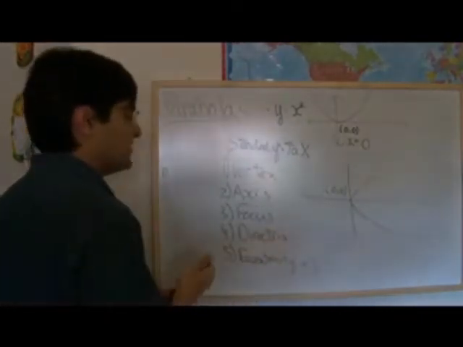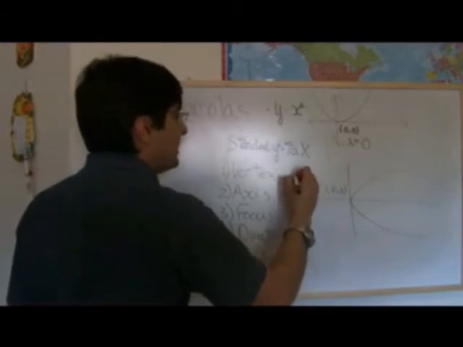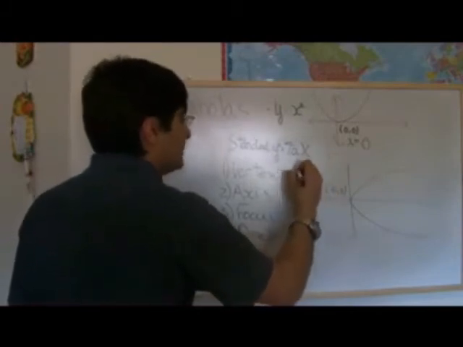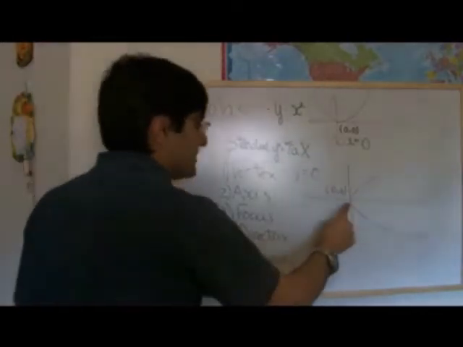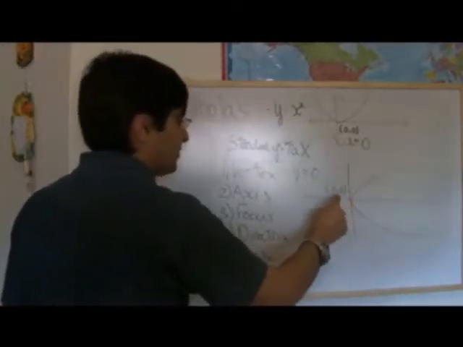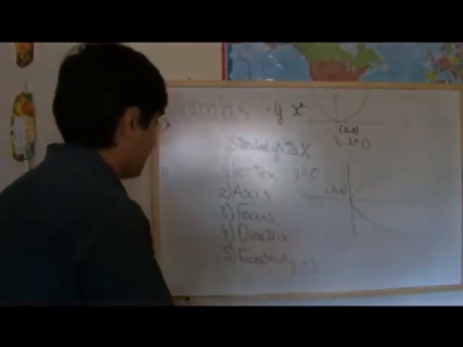In the same way, for the standard parabola, the axis is the x-axis, the line y equals 0, because it goes through the vertex of the parabola at 0, 0, and splits it into 2 symmetrical bits.